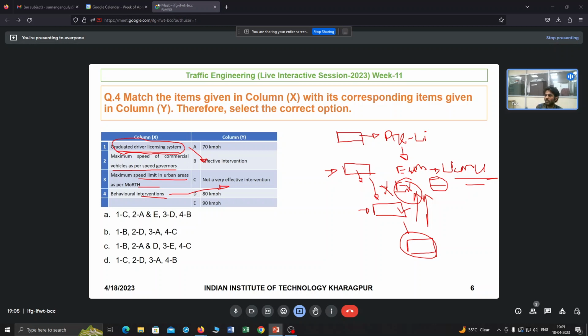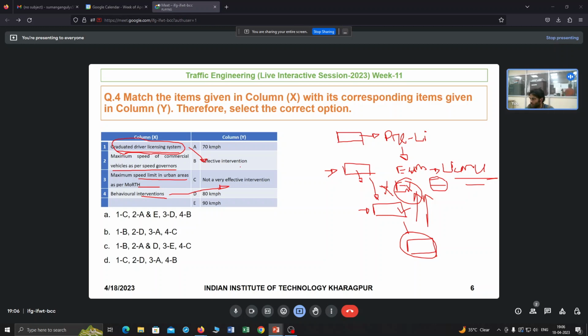It is not that it is not an effective intervention; the problem is that only considering behavior may not be an effective solution. So the statement could be: only behavioral interventions may not actually lead to better outcomes in terms of road safety.